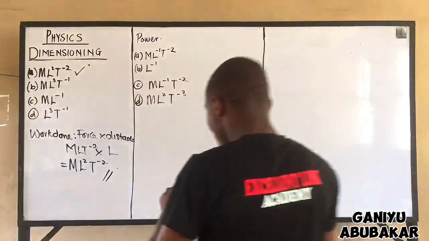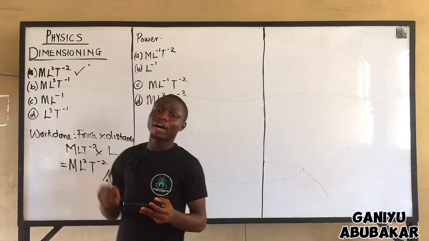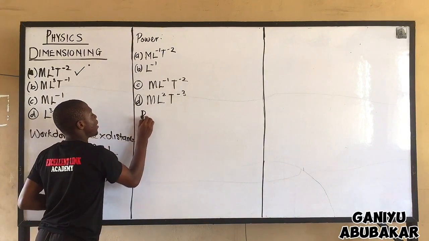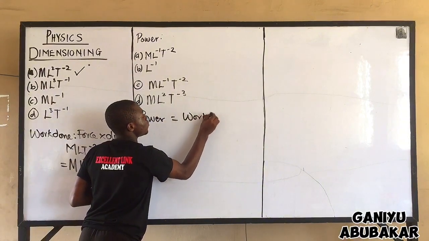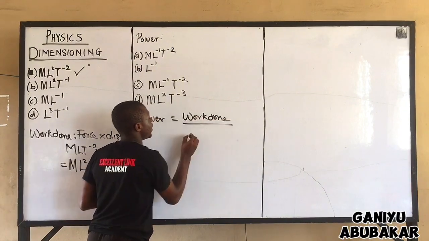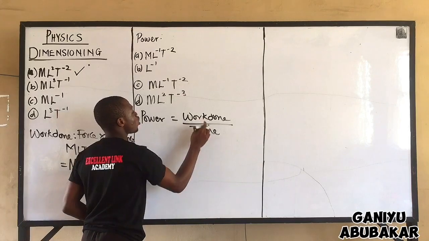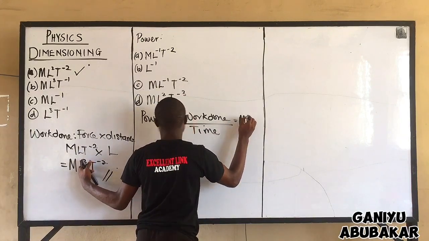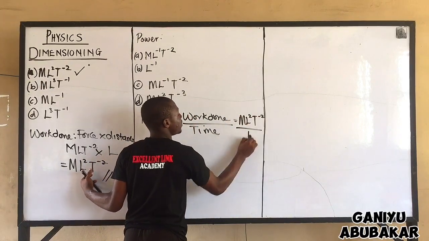All right, let's get the dimension for power. The question says the dimension for power is dash. So what's power? Power is simply the work done all over time taken, right? Work done is ML squared T to the power minus 2, all over time t.